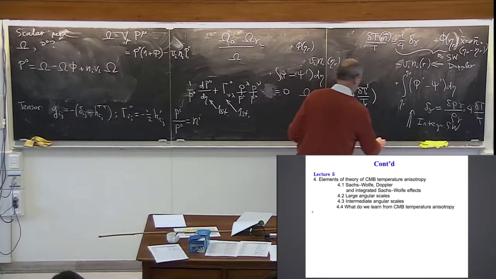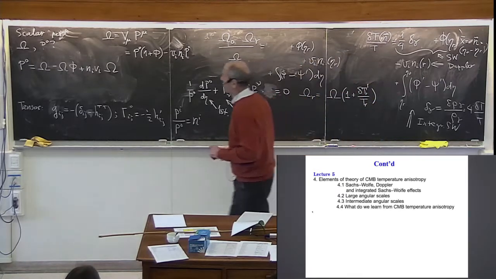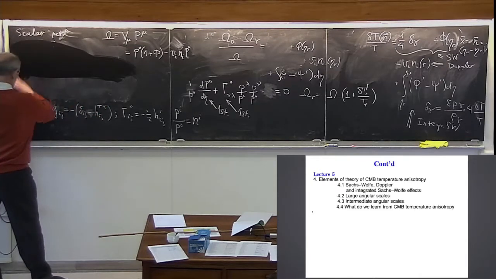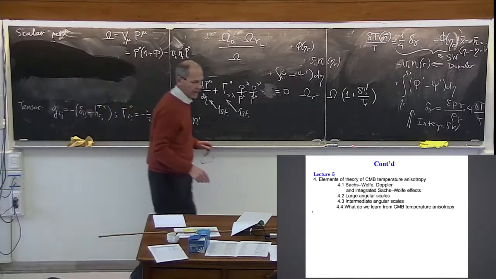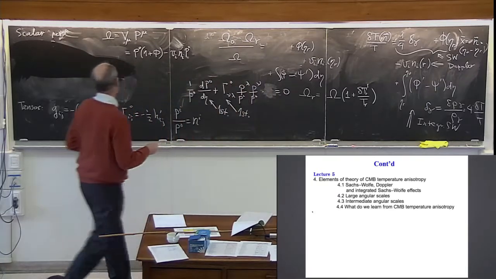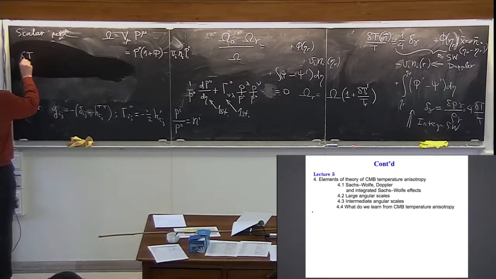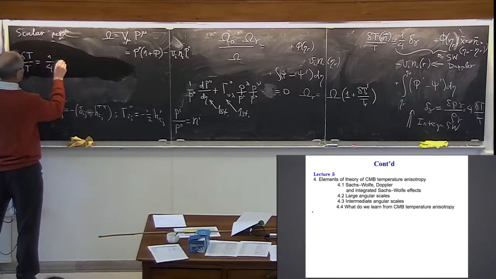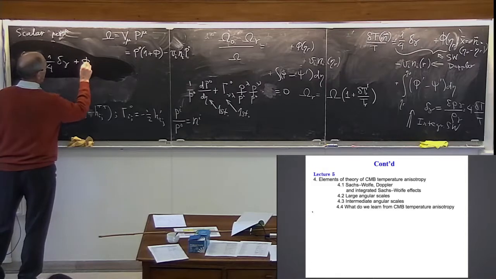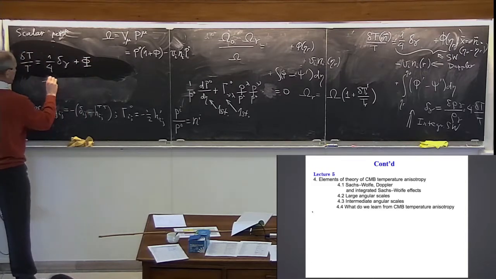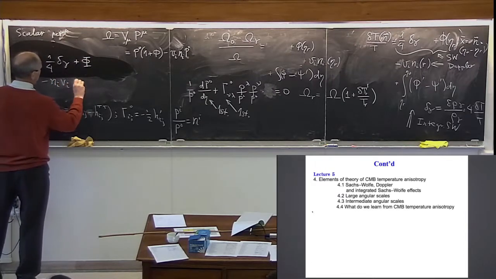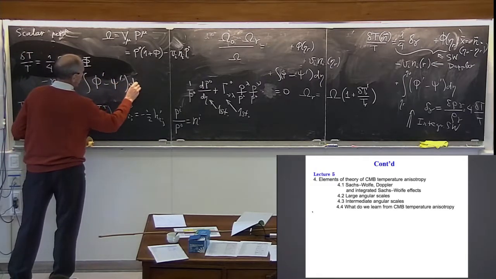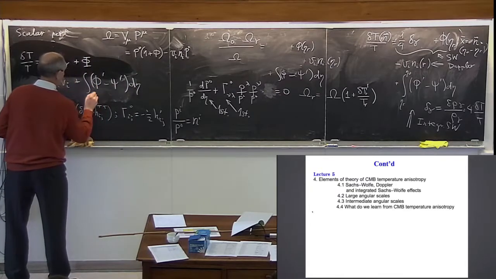So let me probably, this is so important a formula that I should write it again. So delta T over T equals 1/4 of delta gamma plus phi minus n_i v_i plus the integral of phi prime minus psi prime d eta, from 0 to recombination.